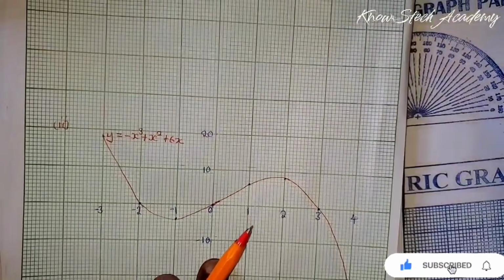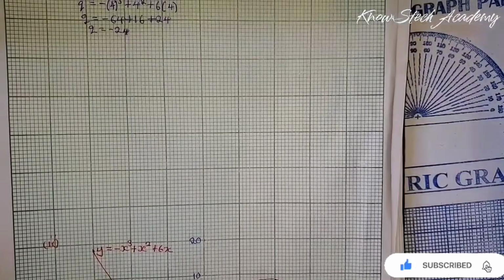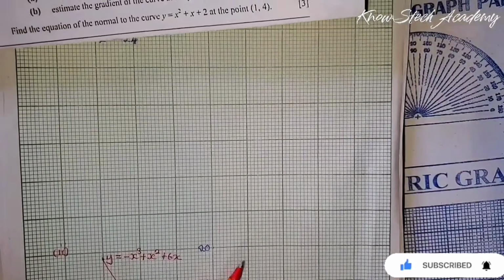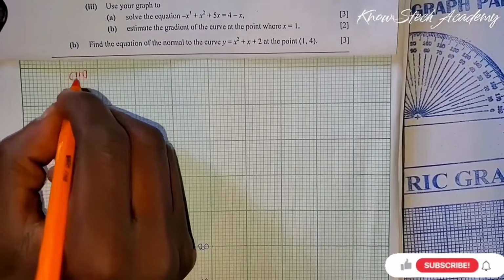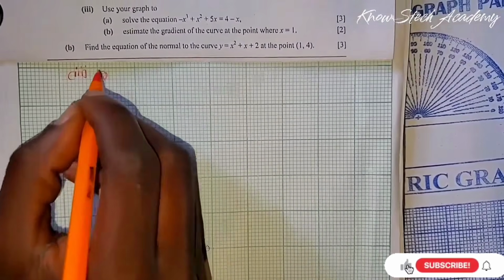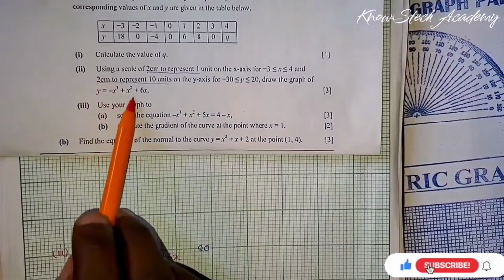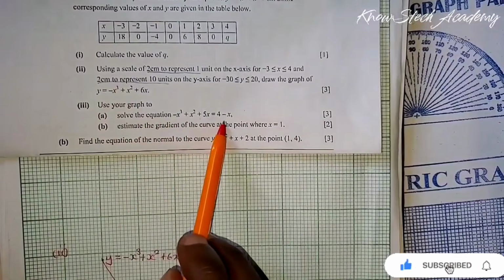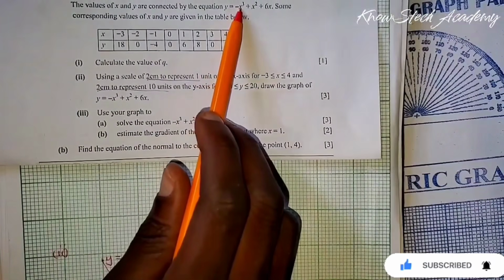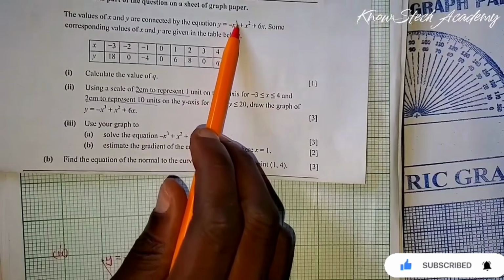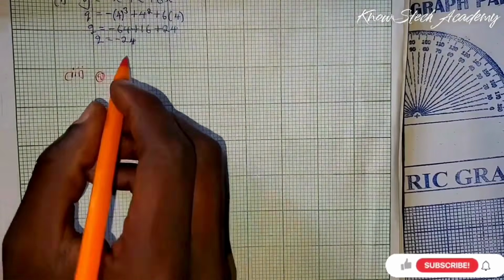I'll solve it from here where there is space, as long as you indicate the question numbers 1, 2, 3. Question 3A is saying use your graph to solve this equation. So this is what you do, guys. Write the original equation first, like this.